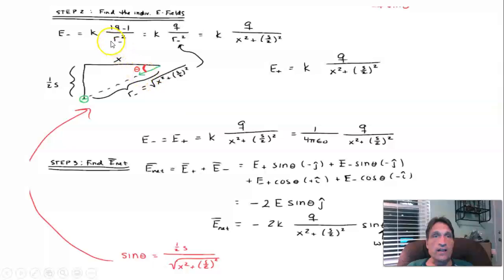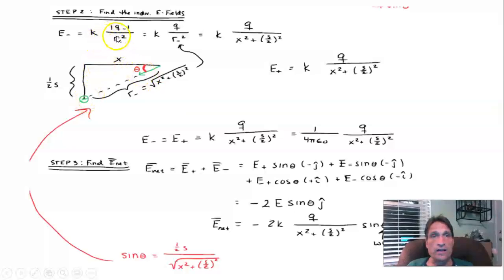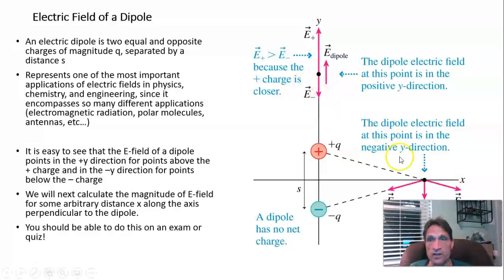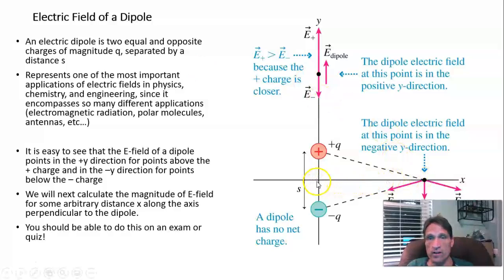Remember that E, due to this point charge, is K times the magnitude of Q over the distance squared between the probe charge and this negative source charge. And that distance, if we go back to this picture, is the square root of x squared plus (1/2 s) squared, by Pythagorean's theorem.